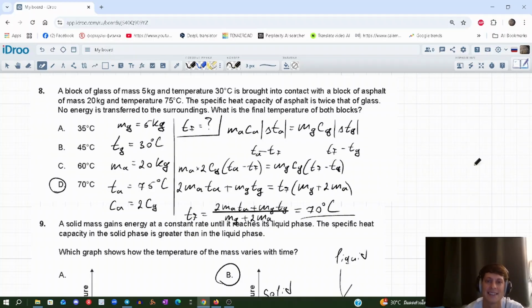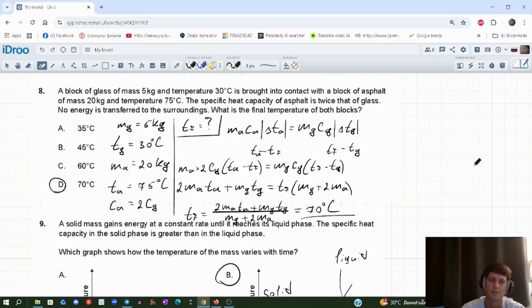Delta Ta, this is the change in temperature for the asphalt block. The same for glass here. Delta T asphalt equals T initial of asphalt minus T final, by magnitude. And for glass, this is T final minus T initial of the glass. Then we just solve the equation, rearrange it, derive T final, and we will get 70 degrees Celsius, which is option D.